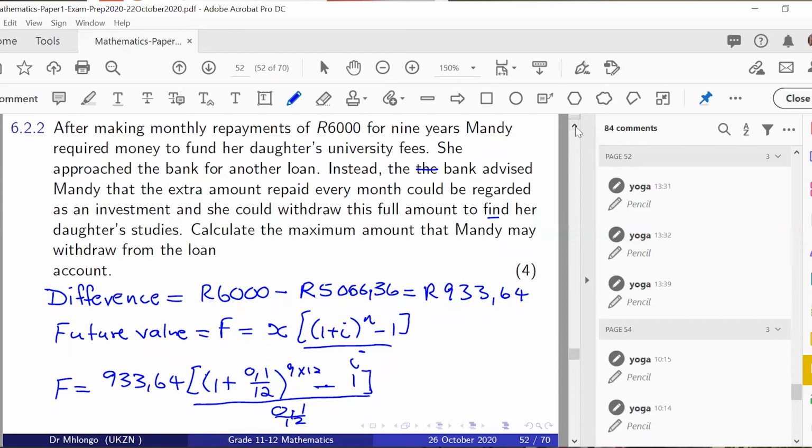And the final amount is 162,503 rand 51 cents. So that is the maximum amount that Mandy may withdraw from the loan account. So in other words, we can say these are the accessible funds.